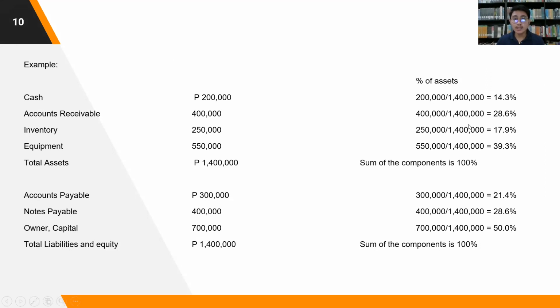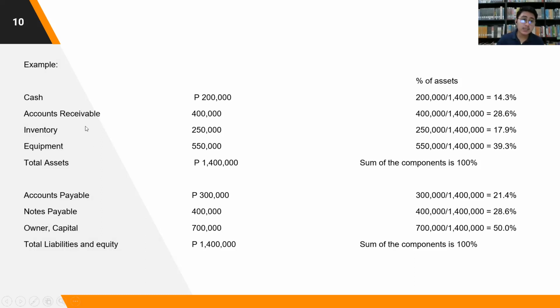So we have 200,000 pesos divided by 1,400,000 pesos is equivalent to 14.3%. So dito napapansin nyo, in vertical analysis, only one decimal point. Okay na po yun. Okay, so since we are looking for a percentage, don't forget to write the percentage sign. So we have 14.3%.